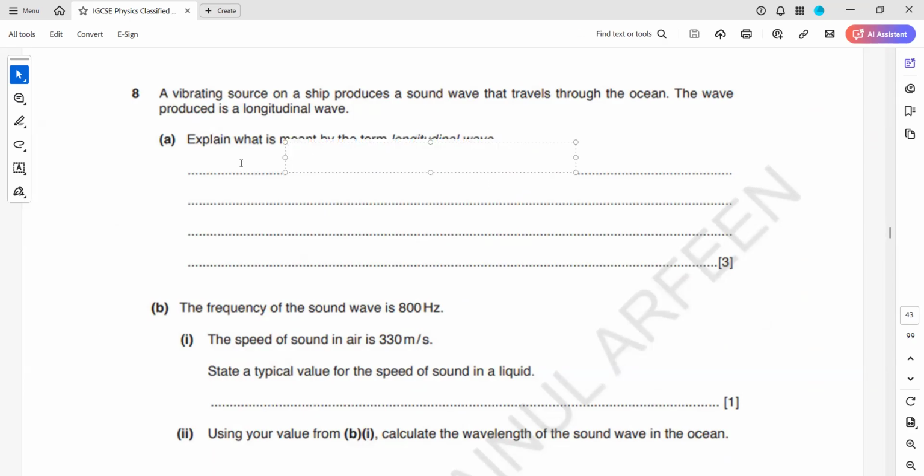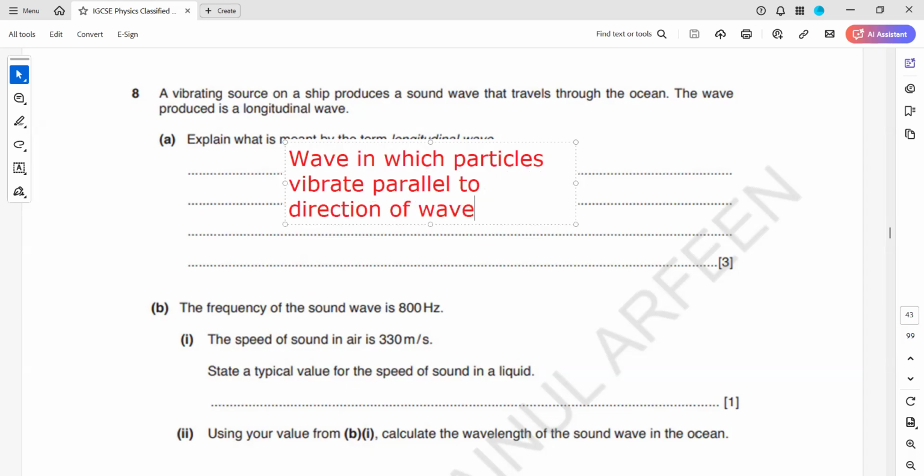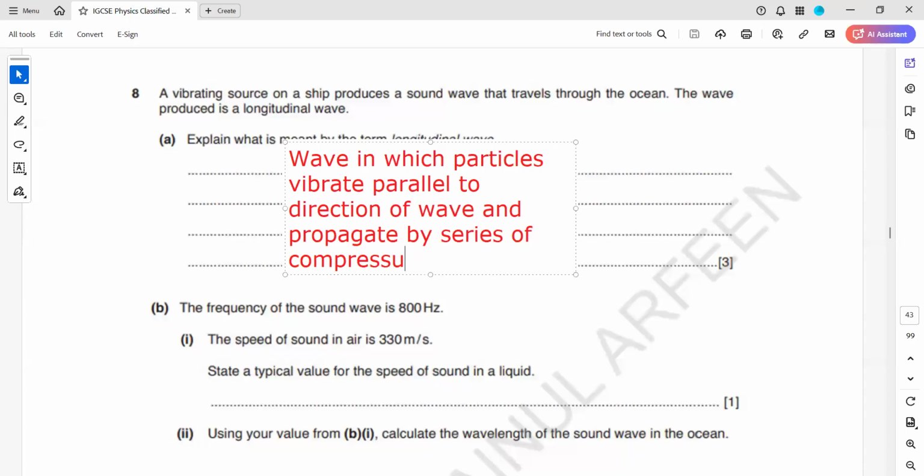So first thing, a wave in which the particles vibrate parallel to the direction of the wave, and propagate by a series of compressions and rarefactions.